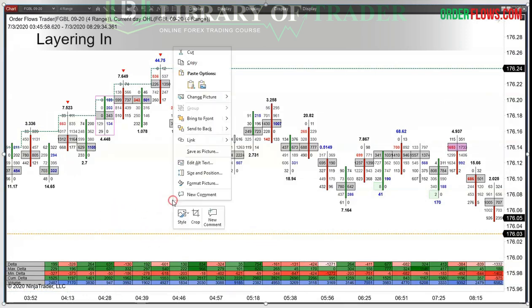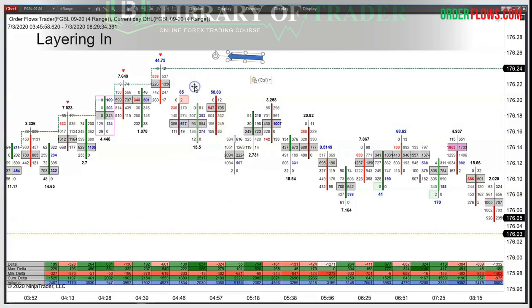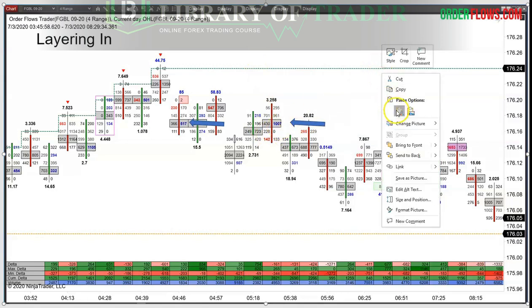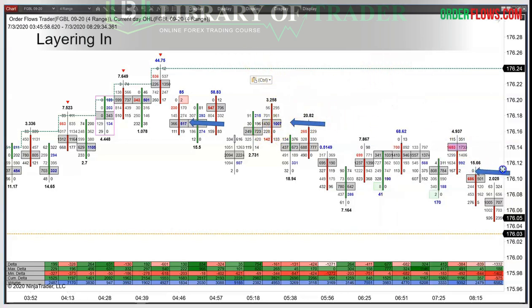So you've seen a few here. This is a 4-range chart. The 517, it's a nice volume, comes off a little bit, not that great a move. Then here, same level, 1,000 contracts. Over here, 900 contracts.